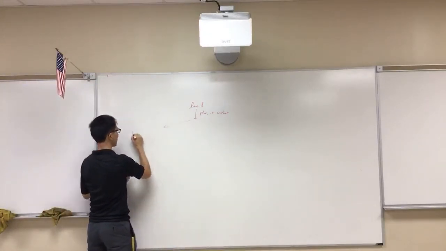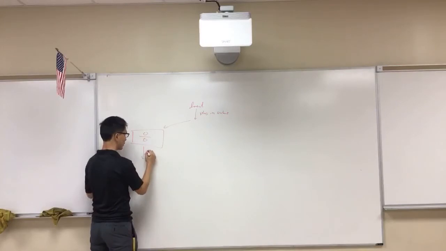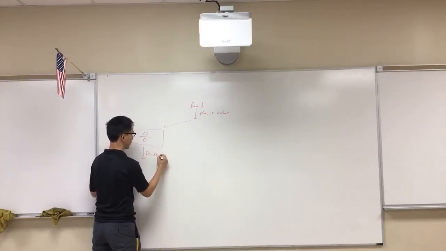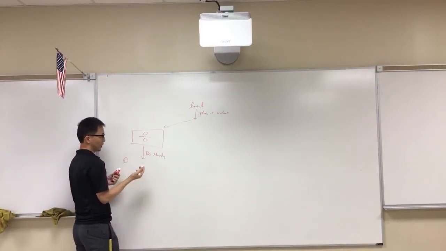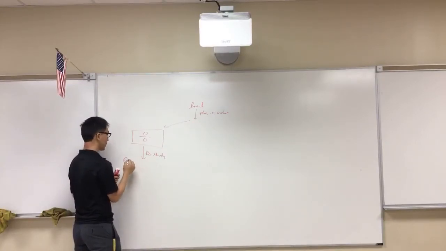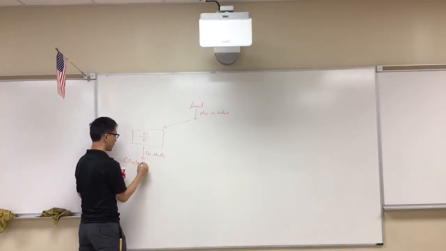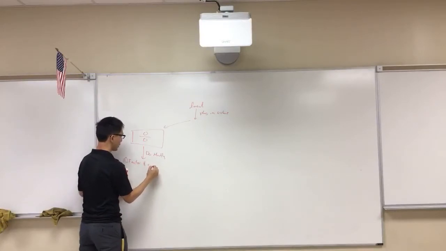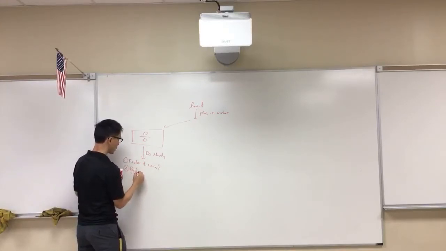What kind of math? One, factoring and cancel. Two, if we have radicals, we use the conjugate.